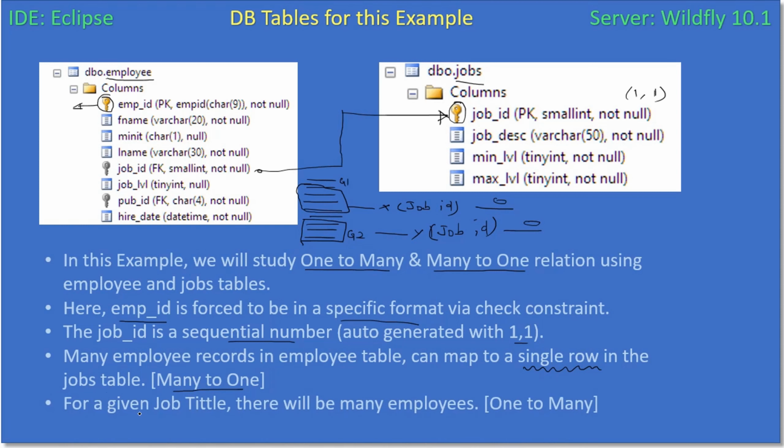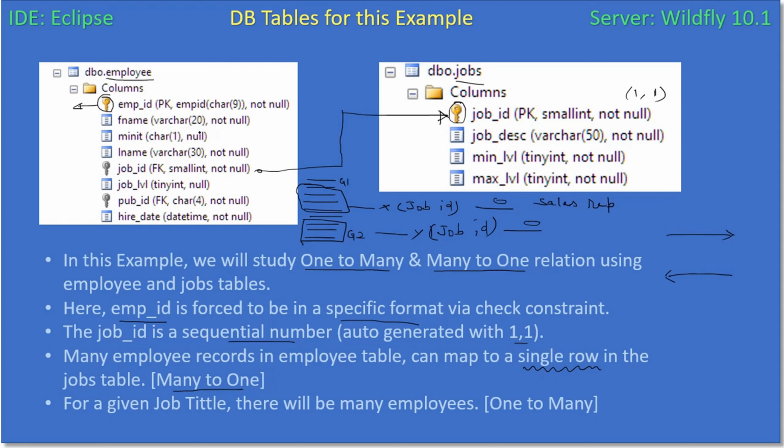For a given job title, here we are looking at it in the reverse order. For a given job ID, in the sense here we take sales rep. For a given job title, there will be many employees. If we move in this direction, one record X is pointing to 4 employees, let's say the G1 group. That means the relation can be moved from left to right or from right to left.